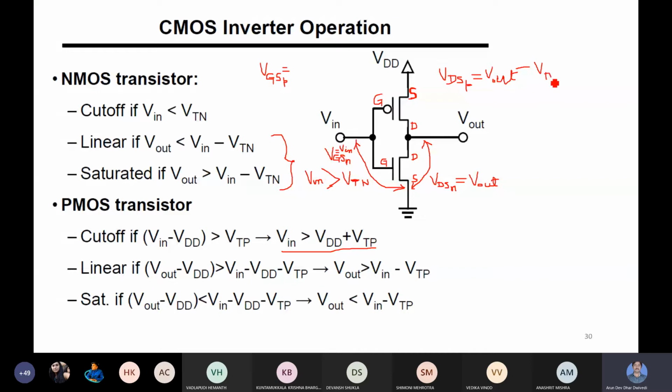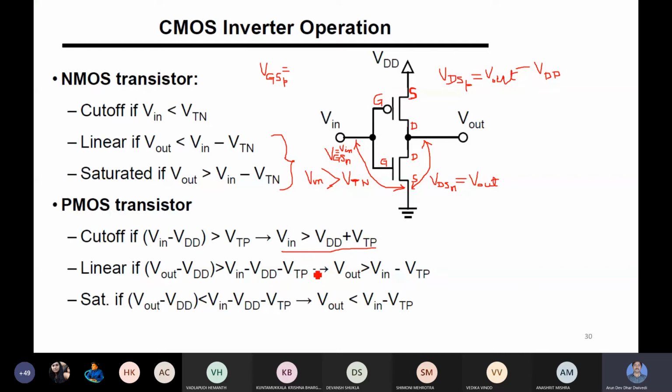If it is clear, then we can apply all these things to solving the problem. So these are the conditions. The linear region condition is that V out minus VDD should be greater than V in minus VDD minus VTP, where V in minus VDD is the input voltage at the PMOS.